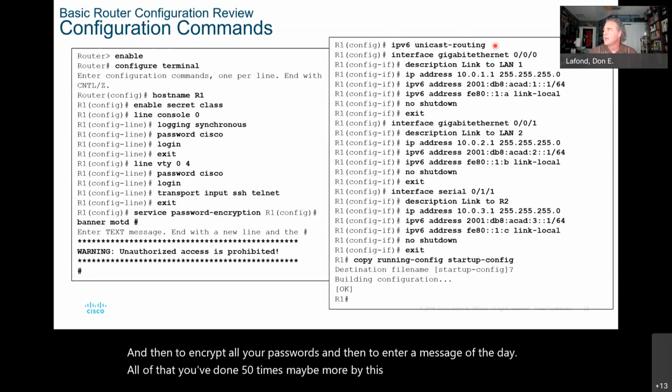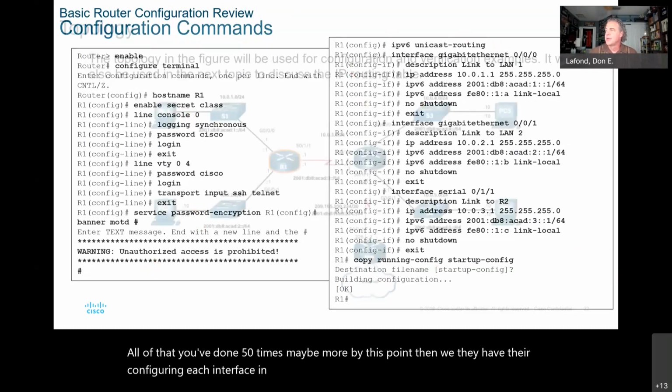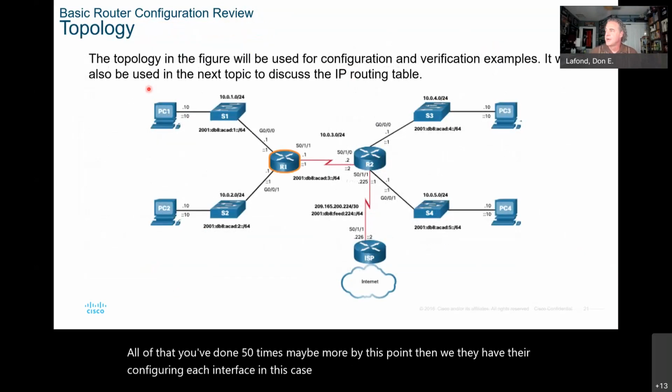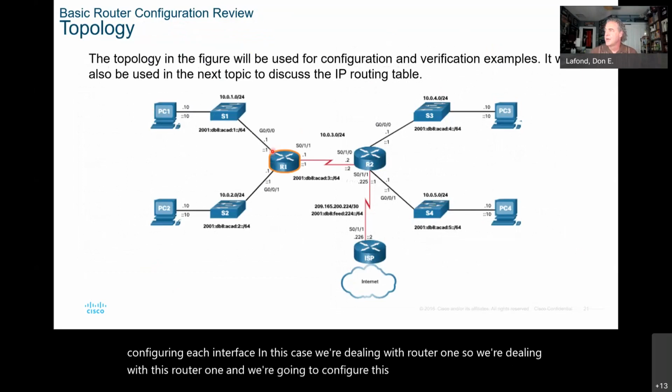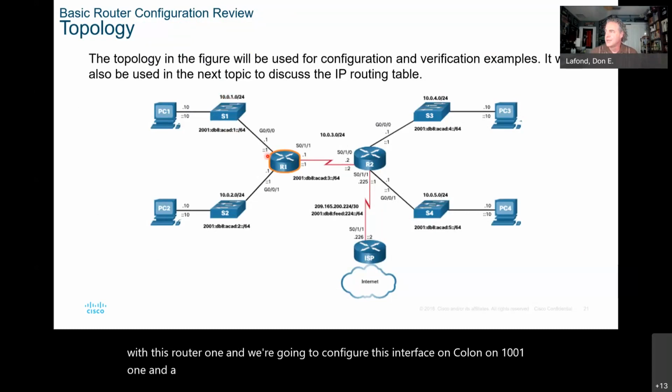Then they're configuring each interface. In this case, we're dealing with router 1, so we're going to configure this interface on 10.0.1.1 and ACAD 1.1.